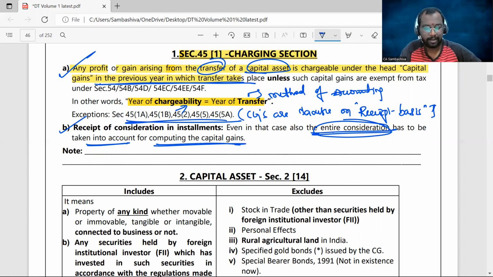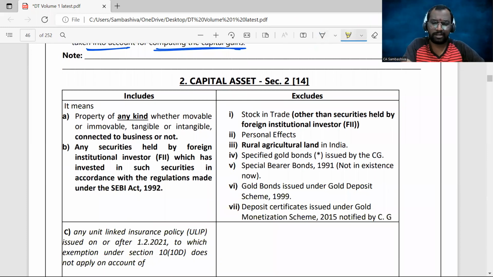Are you following? Now moving on to the definition of capital asset defined in section 2, clause 14. We can see the definition of capital asset is divided into two parts: includes and excludes. Capital asset includes, capital asset excludes.